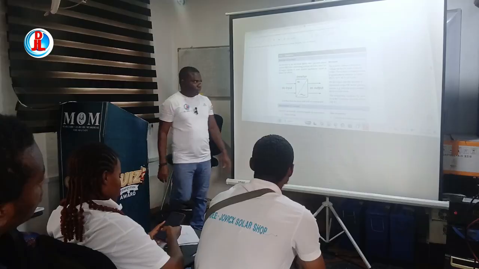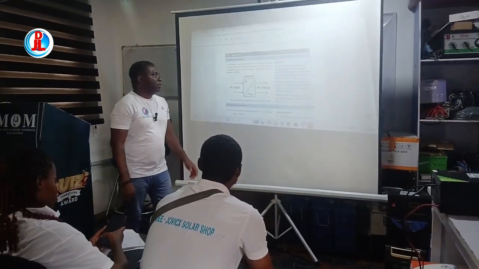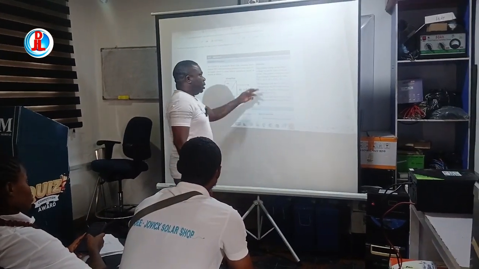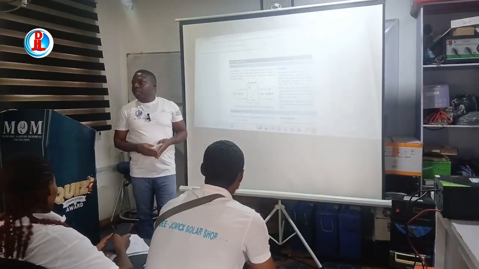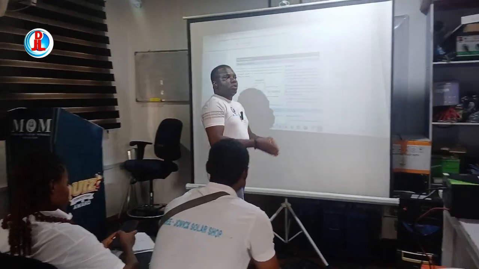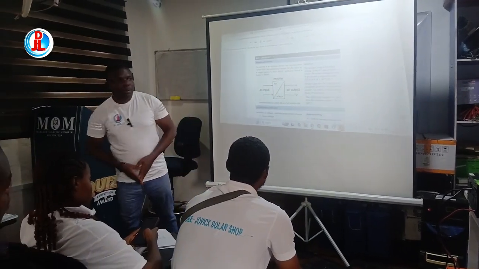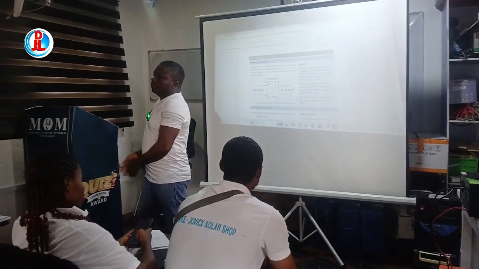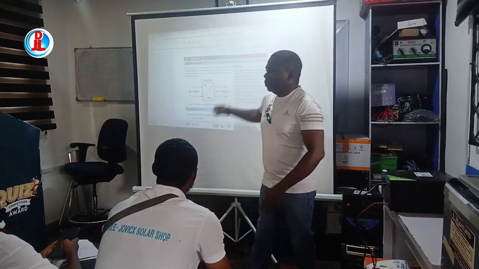So now, the system voltage is the input voltage on the DC side of the inverter. The system voltage is usually graded in steps of 12. 12 plus 12, 24 plus 12, 36 plus 12, 48 plus 12, 60 plus 12, 72 plus 12.